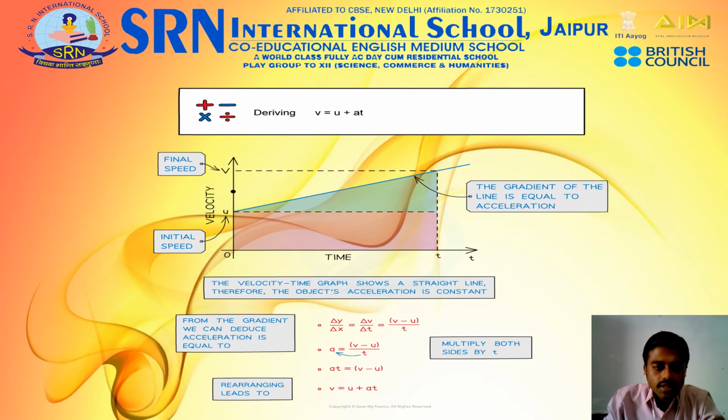But first thing is acceleration. Here v, u and time are indicated in this diagram, so we can find the acceleration. As we know, acceleration is the change in velocity, so final velocity v minus initial velocity u.